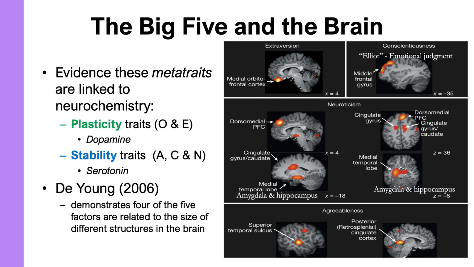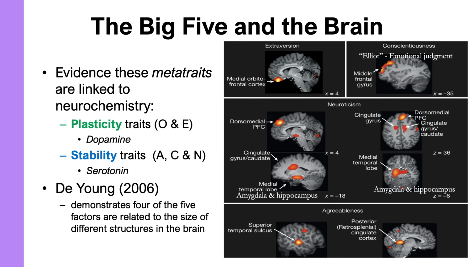Those are the things that he suffered from, the inability to understand the consequences of his actions and understand emotional and moral judgments. Those are parts of the conscientiousness trait. So there definitely are some intuitive links between what we know about personality, what we know about brain structures, and the size of these brain structures that DeYoung reports in his study.